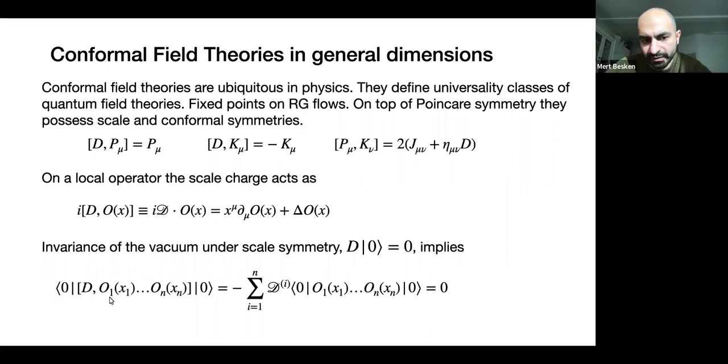The commutator of D with this whole thing, by this definition, is just the sum of the action of the scale charge, which is this differential operator here, over all of these things. Since D acting on the vacuum is 0, the left-hand side is 0. So the implication for correlators is this sum has to be 0. And the idea is to actually solve this equation and see what we get.